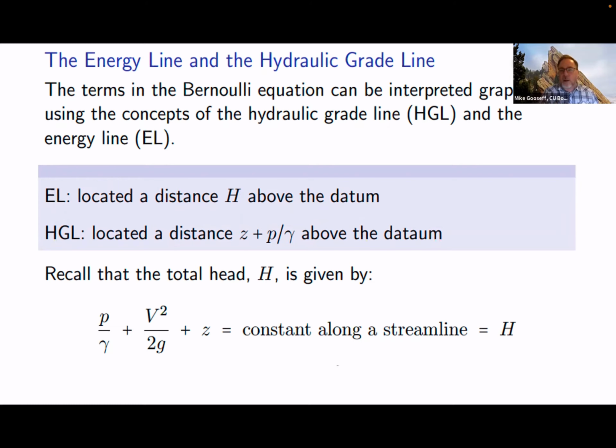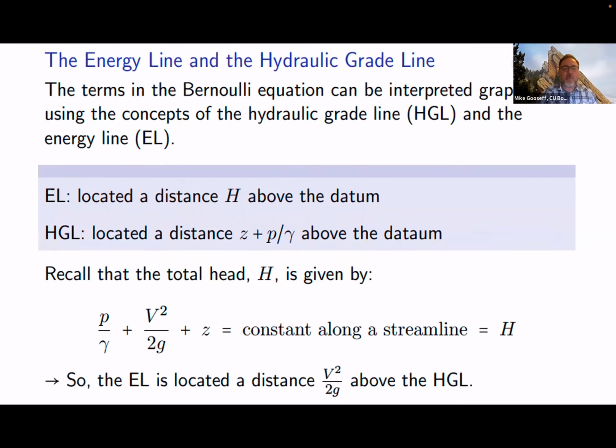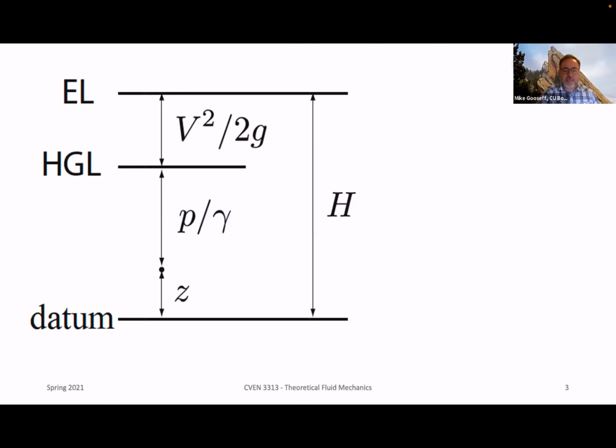It's a hydraulic grade line, though, when we see the hydraulic head, these two pieces, the potential energy and the pressure energy, changing because of the change in the velocity, which of course influences the velocity head. Okay, so the difference between these two is really V squared over 2g, or the velocity head. So let's put that into context a little bit.